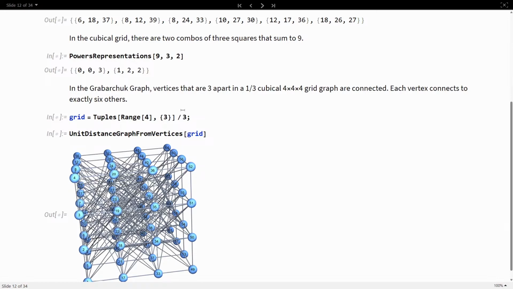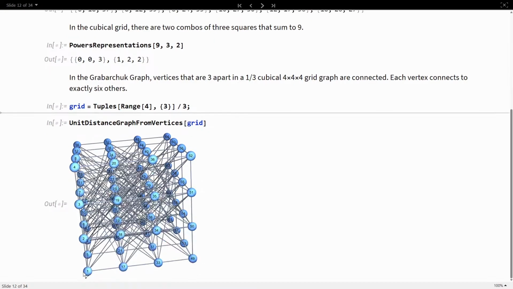But also if you do down 1, over 2, and back 2, 52 connects to vertex 27 here. And it turns out that in this cube, every vertex connects to exactly 6 others. And that's a curious amount of regularity for a leaper. So this is known as the Grabarchuk graph.